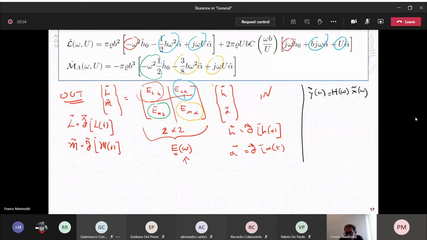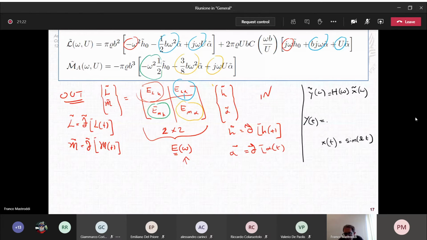This complex function, in amplitude and phase, actually represents the time output when you apply in time an elementary input like sine omega t.